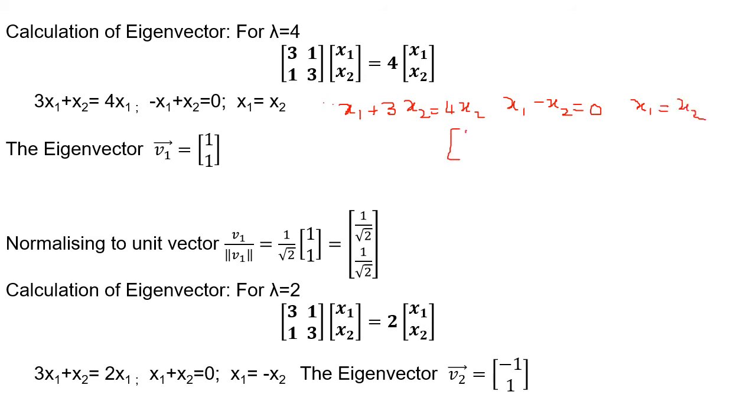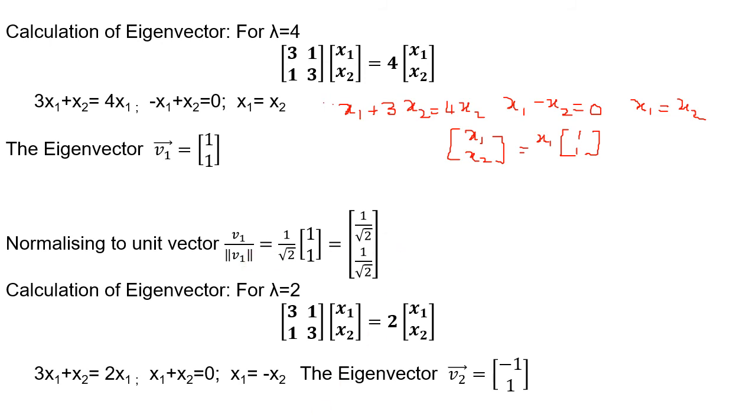Therefore, (x1, x2) equals x1 times (1, 1), because x1 equals x2. So the first eigenvector corresponding to lambda equal to 4 is v1 equal to (1, 1). Let us normalize this vector, that is v1 divided by the length of v1.